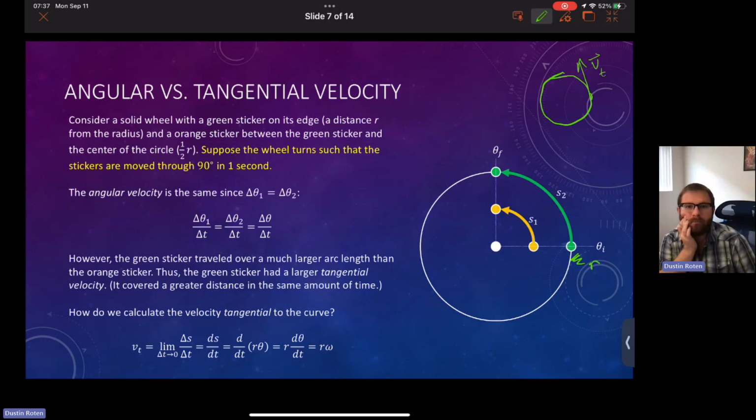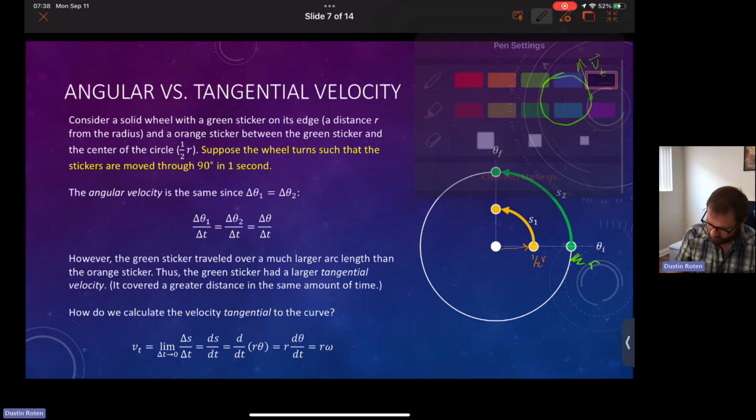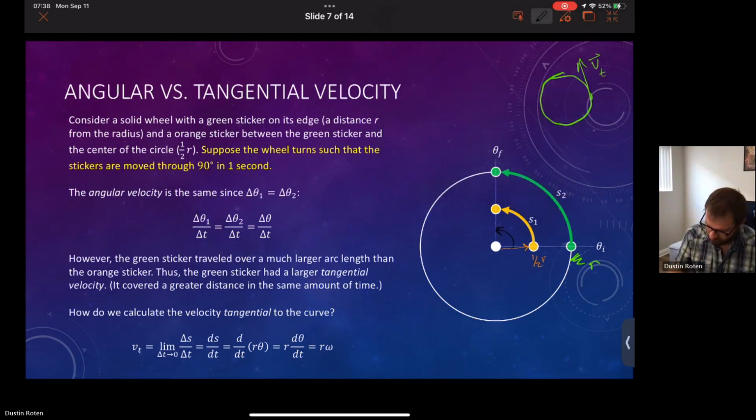And there's an orange sticker between the green sticker and the center of the circle, so that's going to be 1/2 r. Suppose this wheel turns such that the stickers are moved through 90 degrees in 1 second. Well, that's going on right here, because this is 90 degrees, and we know that happened in 1 second.